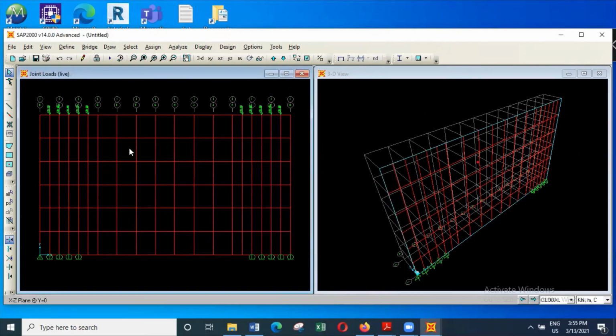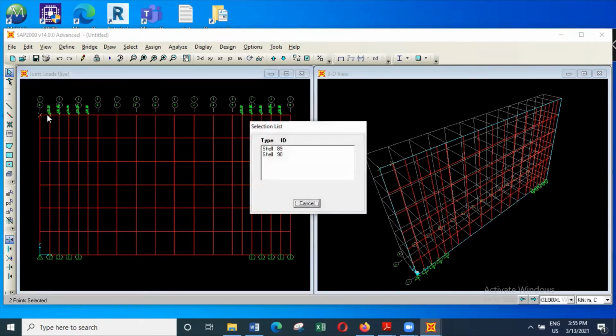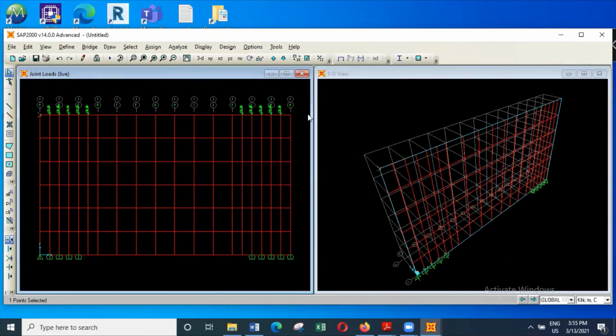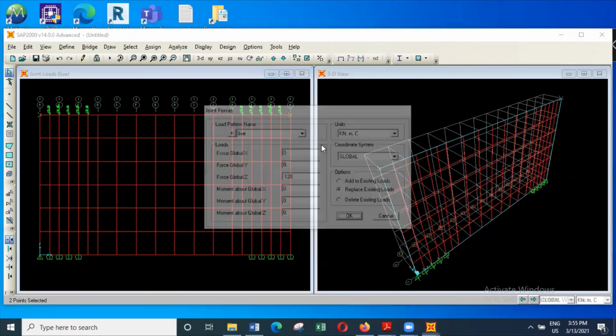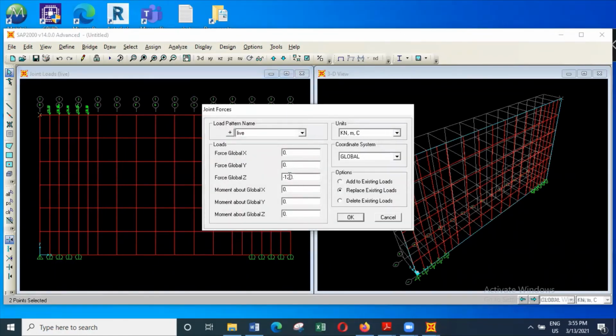And here I will get 60. Assign joint load of minus 60.